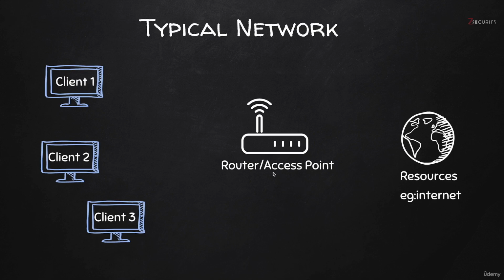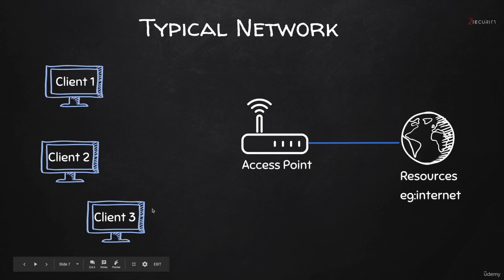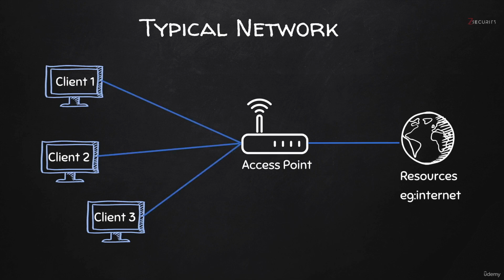This router, server, or access point is the only device that has access to the resource. None of these clients have direct access to the resource even after connecting to the network. The only way they can access the resource is through the access point. Let's say, for example, you're client number 1 and you connected to your home network over Wi-Fi or over Ethernet through a cable, and then you opened your browser and typed google.com.